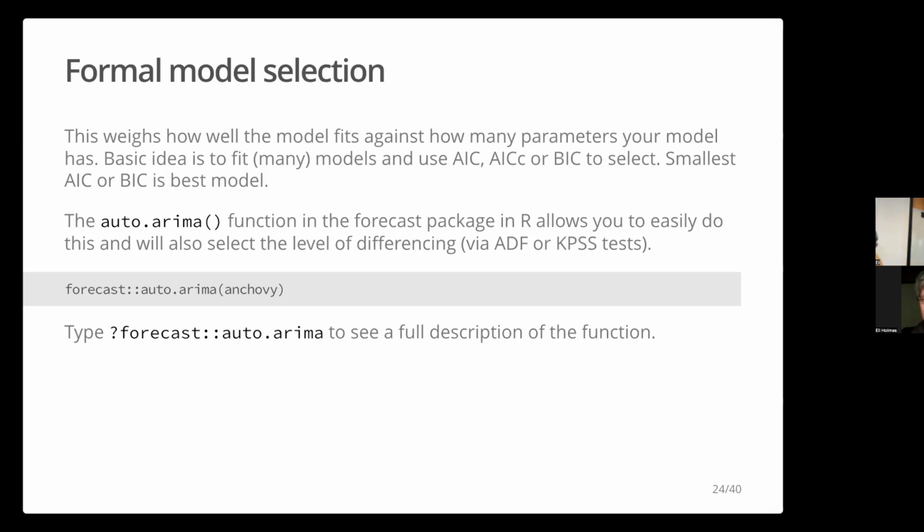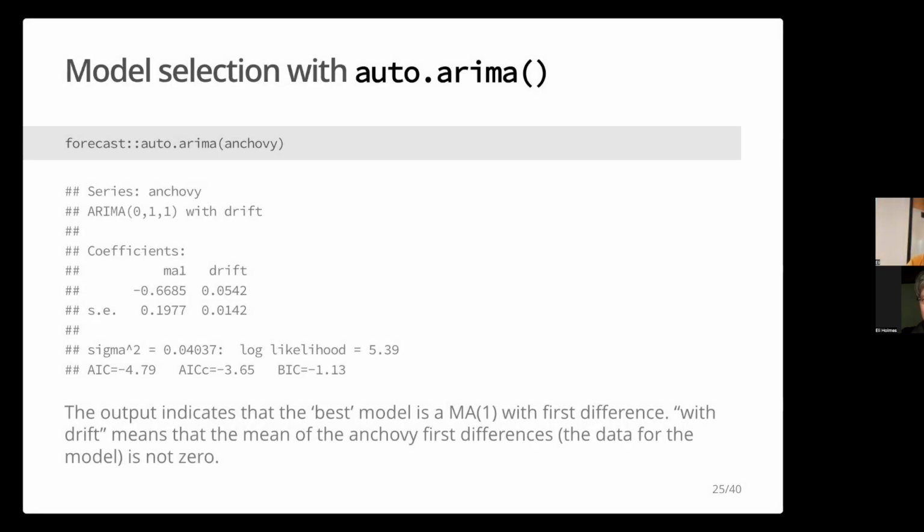So what it's doing, you'll see in just a second. First, let's see how it works. I'm going to take my anchovy data, which is a time series, and put it into the forecast auto.arima, and it's going to spit out this. So what does that mean?